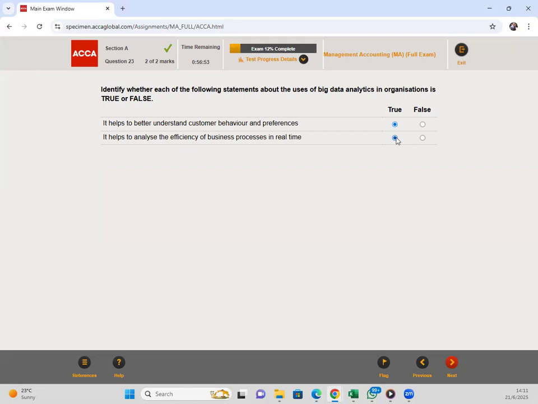If it's being done in real time, we are looking at what is currently happening. It can give us live data of what is actually taking place. Okay, let's move on.